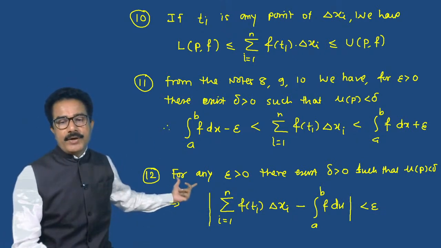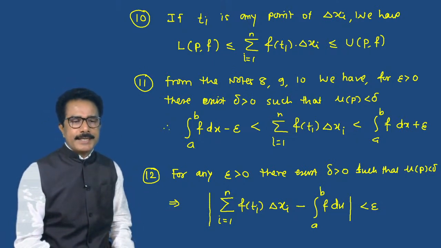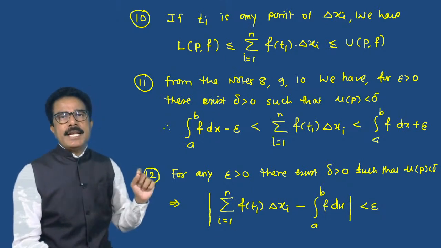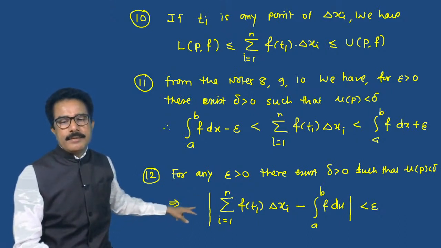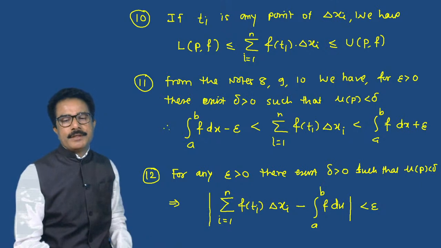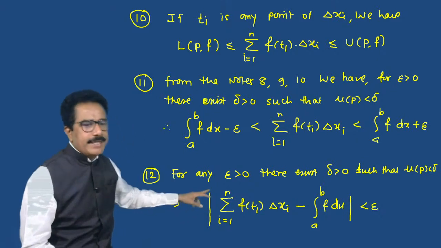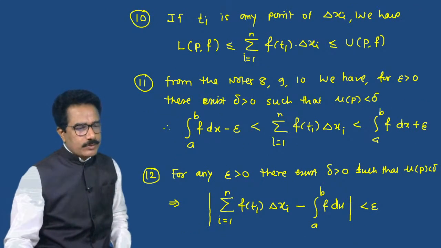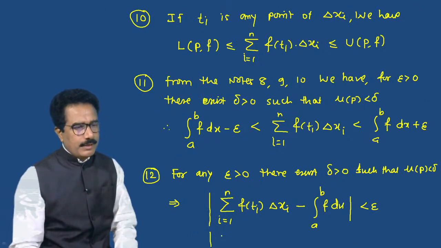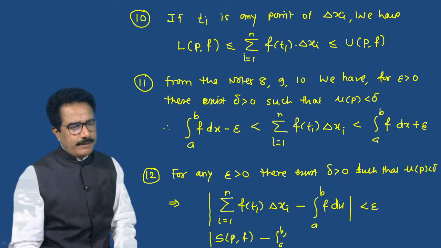For any epsilon greater than 0, there exists delta greater than 0 such that if the norm, or mesh, is less than delta, then the modulus of summation i equals 1 to n of f of ti into delta xi minus the integral from a to b of f dx, also denoted as mod of S of p comma f minus the integral from a to b of f dx, is less than epsilon.